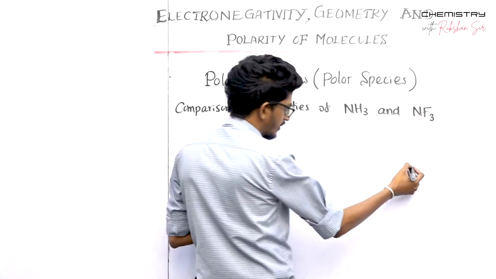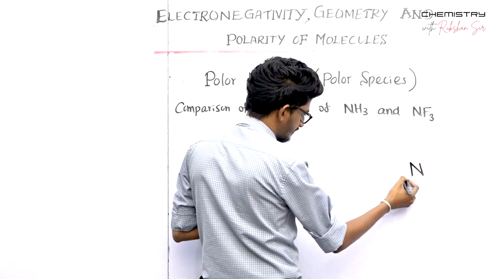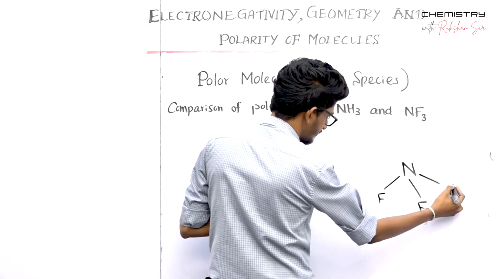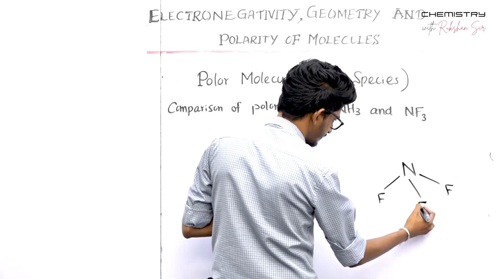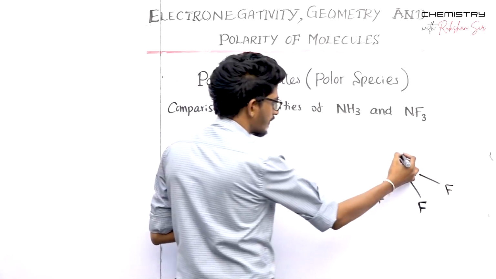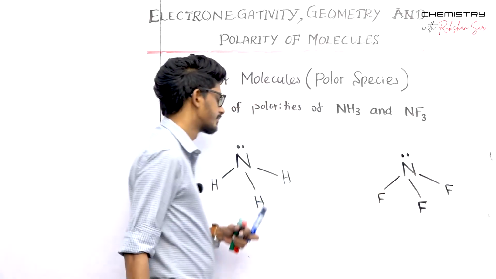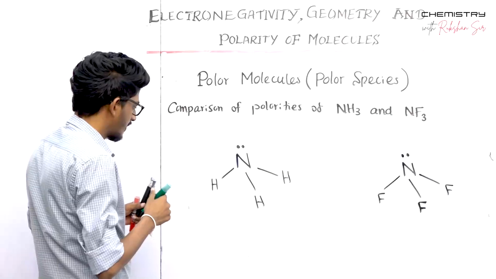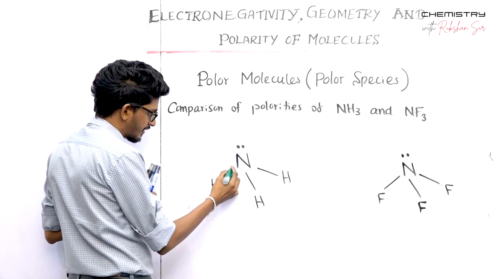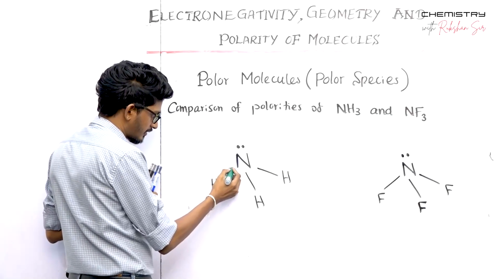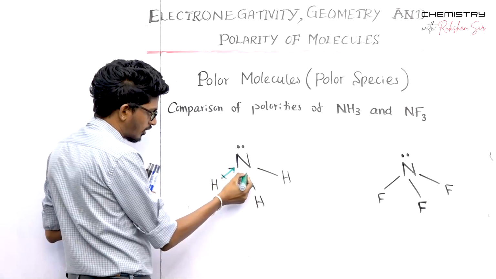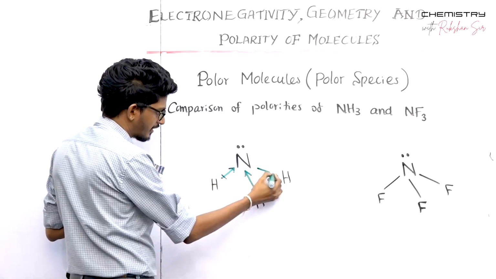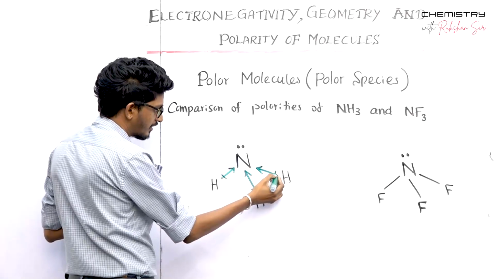And this is your NF3. You can mark the dipole moments of NH3 like this: your positive pole towards the hydrogen and negative pole towards the nitrogen, because nitrogen is more electronegative than hydrogen.